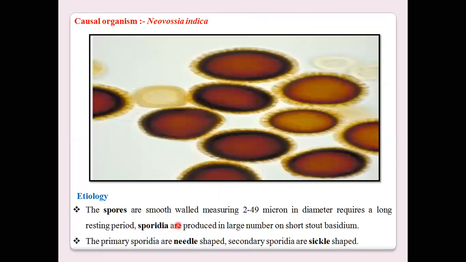Then the etiology of Neovossia indica. This Neovossia indica fungus is responsible for producing kernel bunt disease in wheat crops.